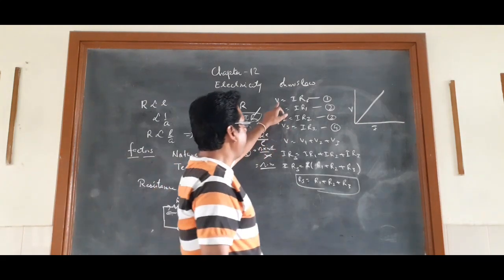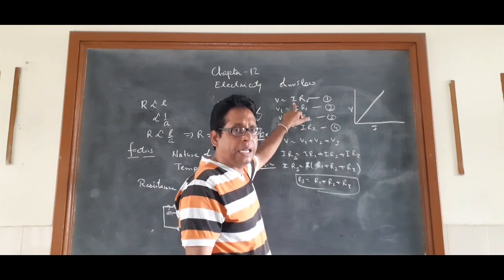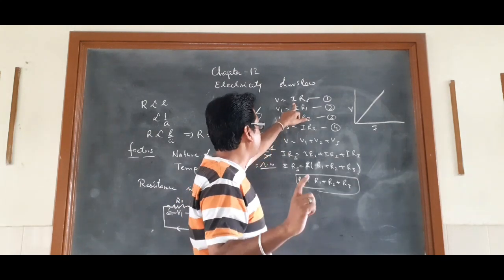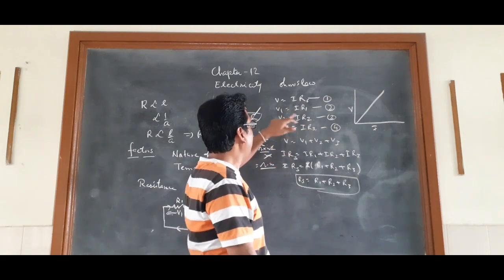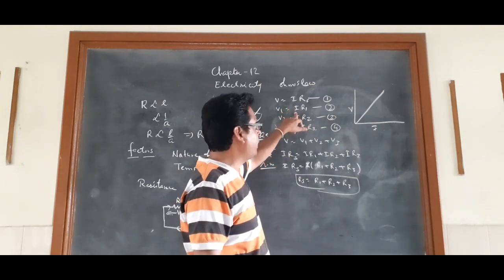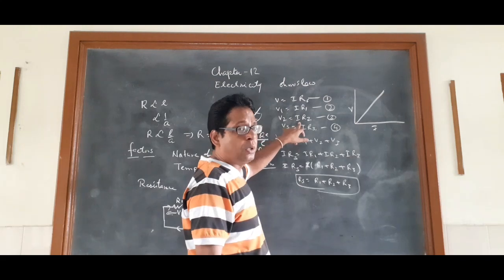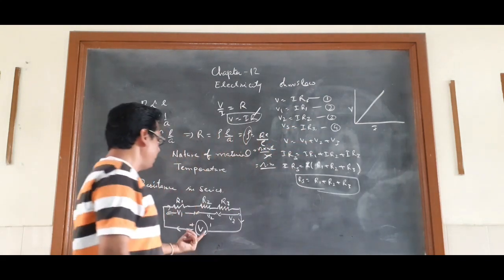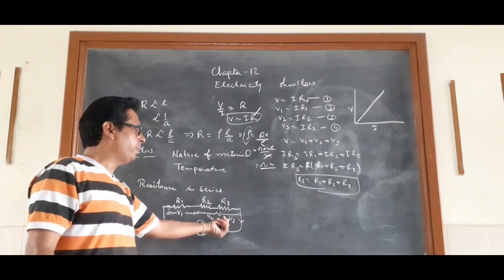Now V is equal to I into Rs, where Rs is the equivalent resistance, or total resistance, when they are connected in series. V1 is equal to I into R1, V2 is I into R2, and V3 is I into R3. As we know, V is equal to V1 plus V2 plus V3.